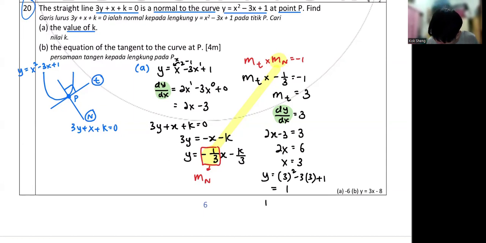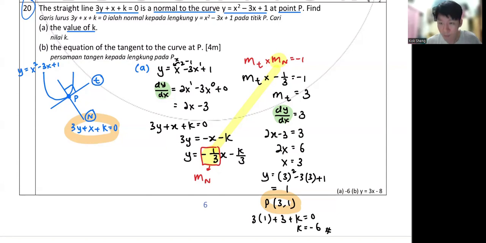This is point P. Then use point P, sub into the normal equation to find the k. 3y plus x plus k equal to 0. 3 plus 3, 6. Okay, first part done.